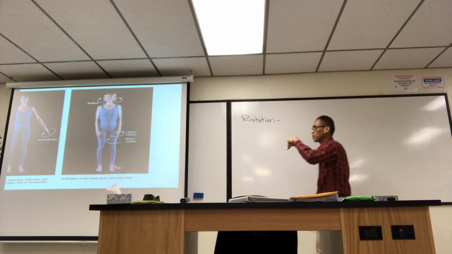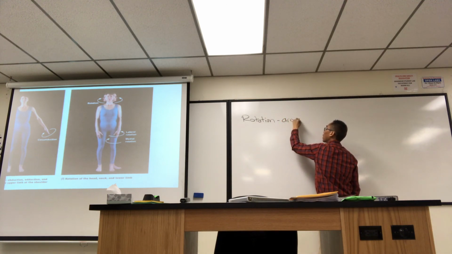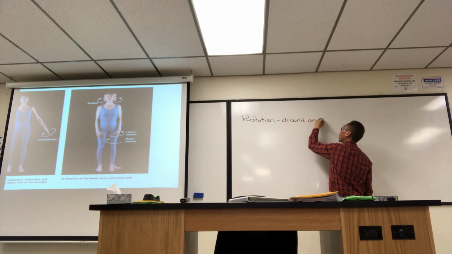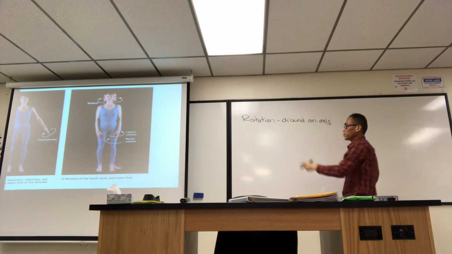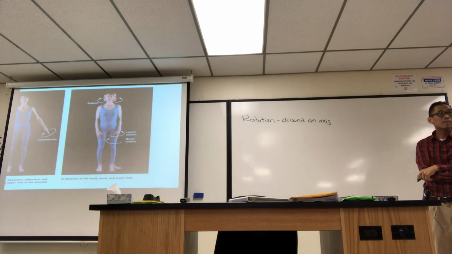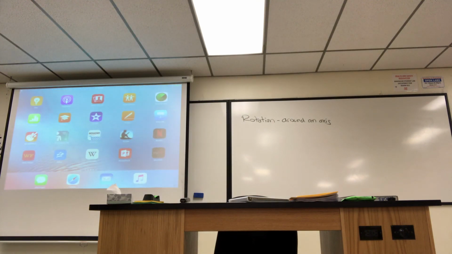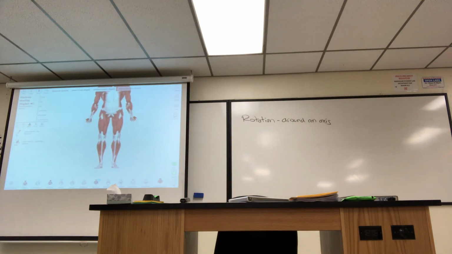You rotate around an axis. In the example there, you can see when you turn your head left and right, that's rotation of the head. That's not quite the same as circumduction. Okay. They have rotation of, I guess that's the shoulder joint. Let me show you on the app rotation. That's important. Medial and lateral rotation.